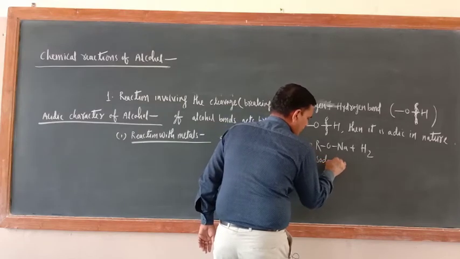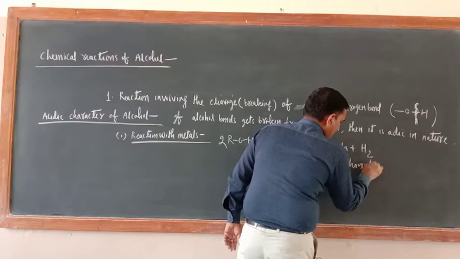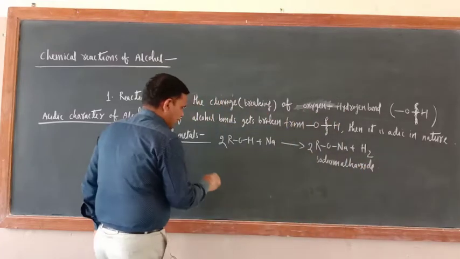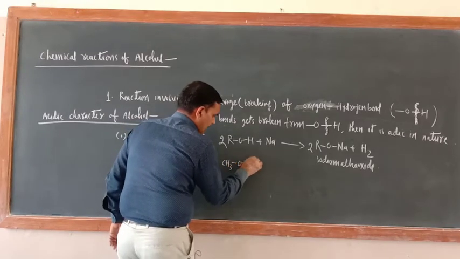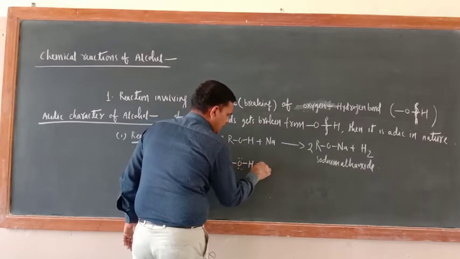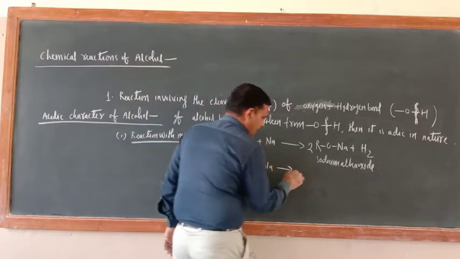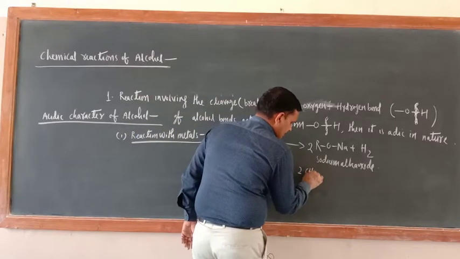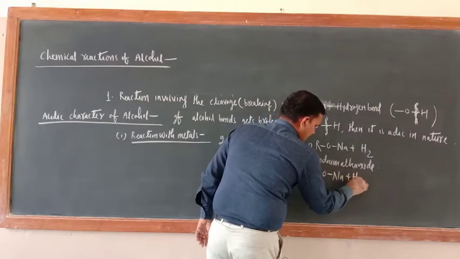What is the name of this one? Sodium alkoxide. Sodium alkoxide. You can take this one also, CH3OH plus sodium. So here what is there? Here the product is 2CH3ONa plus H2.